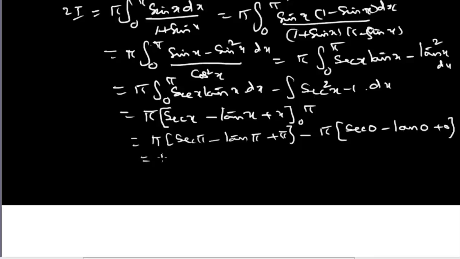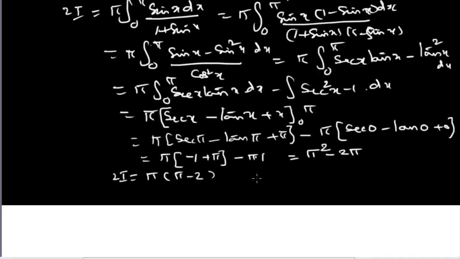So you get pi into secant pi, which is minus 1, and then plus pi in the bracket. Tan pi is 0, minus pi into secant 0, which is 1. So minus pi and minus pi is minus 2 pi, and here pi squared. So pi squared minus 2 pi. This is 2I. So 2I is equal to pi into pi minus 2.